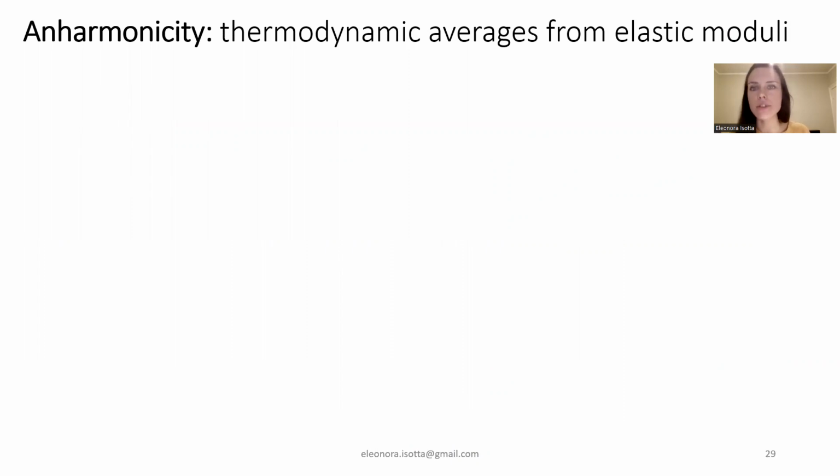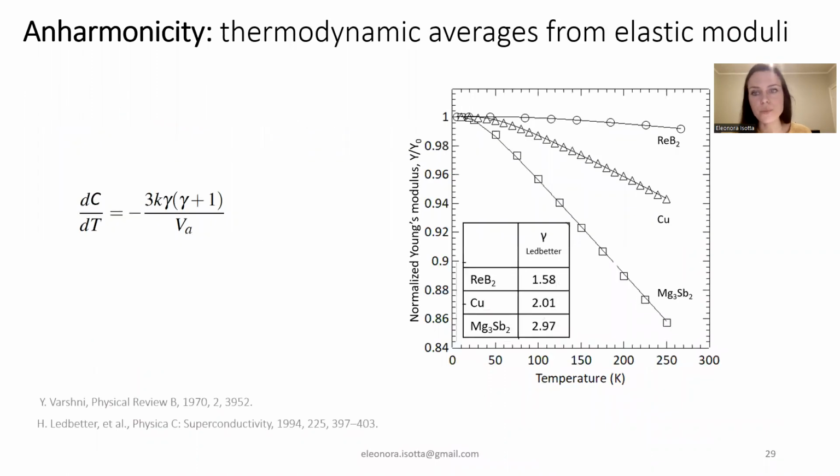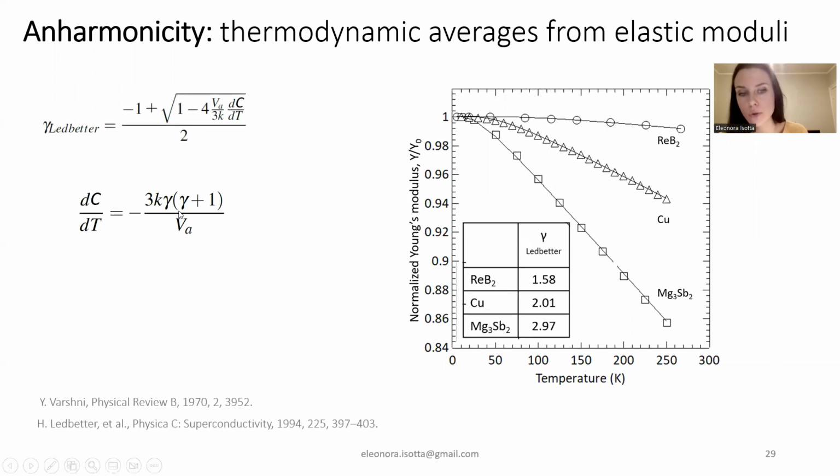These thermodynamic averages often rely on elastic moduli. For example, one way to have an estimate of the Grüneisen parameter is through this formula here that we call the Leadbetter formula, from the work of Varshni and Leadbetter, where they basically realized that the Grüneisen parameter will be connected with how much the elastic moduli will decline with temperature.